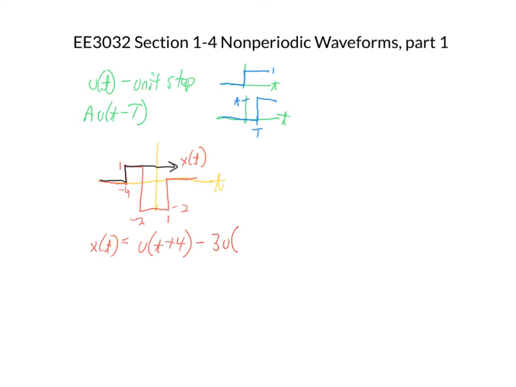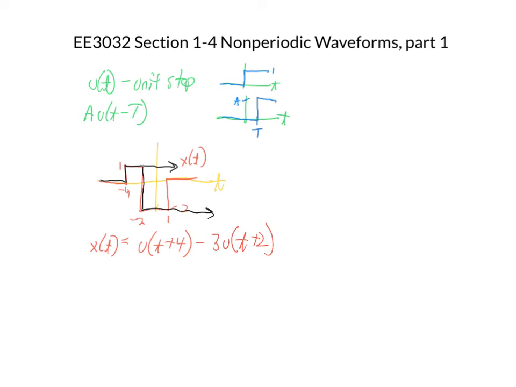And we want that to occur at -2 seconds. So the argument is going to be t minus -2 or t plus 2. And now the signal goes down here suddenly by 3 volts and then continues on forever.